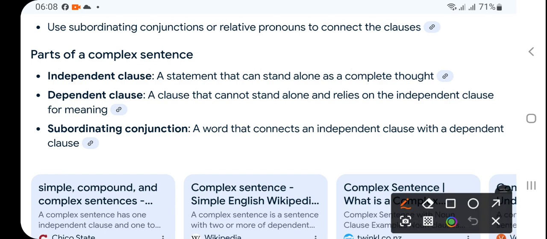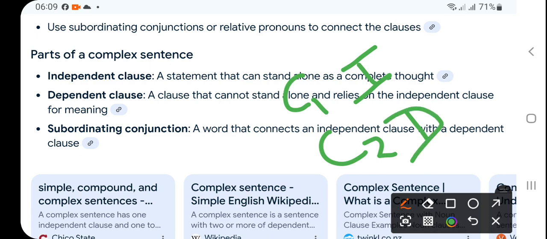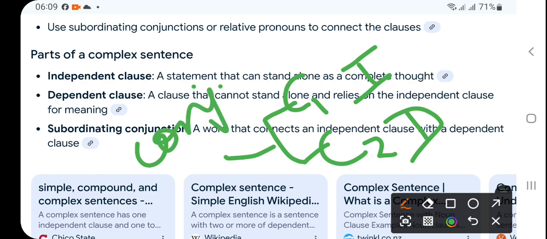Naturally, we need one word for connecting two clauses, right? So clause 1 is independent, clause 2 is dependent, and for joining them we need a conjunction or relative pronoun.